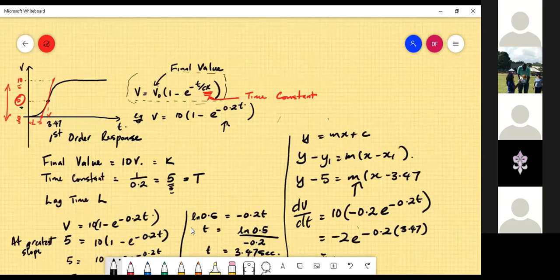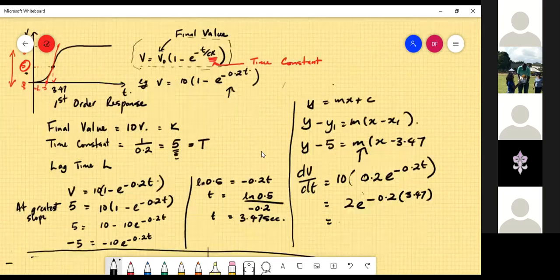Oh, yeah. This is supposed to be plus. So when you change the sign, it is going to be equal to 1.